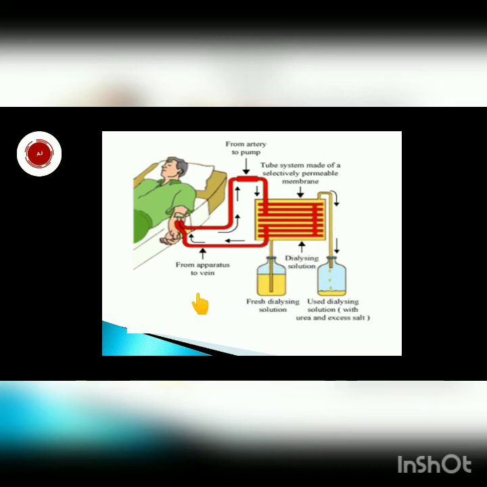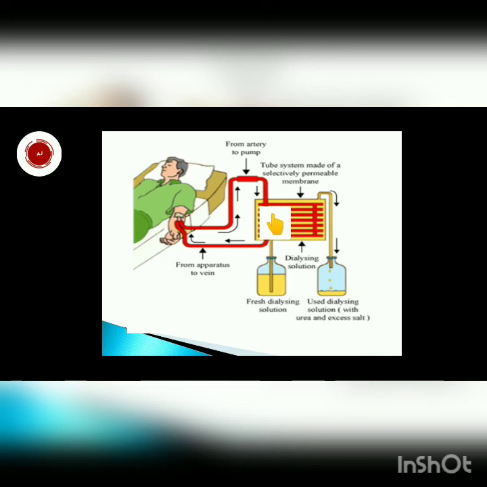Now how it works. When the blood is being sucked and sent to these tubules, as the tubule is semi-permeable, the things whose concentration is higher in blood get filtered into the dialysis fluid.